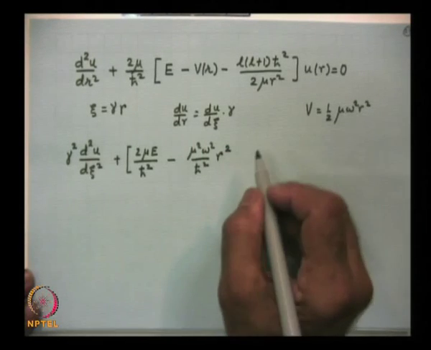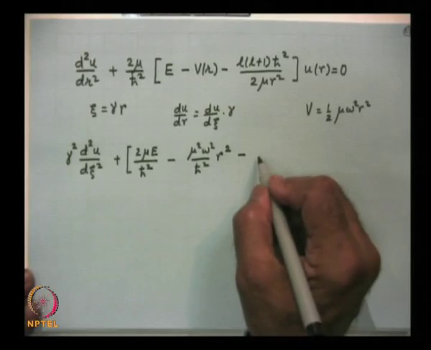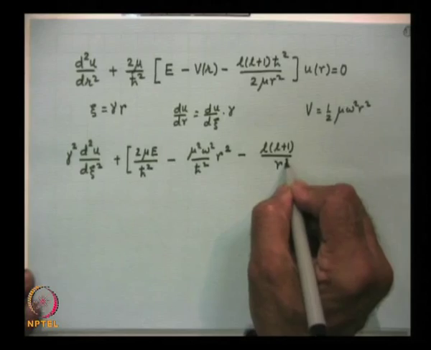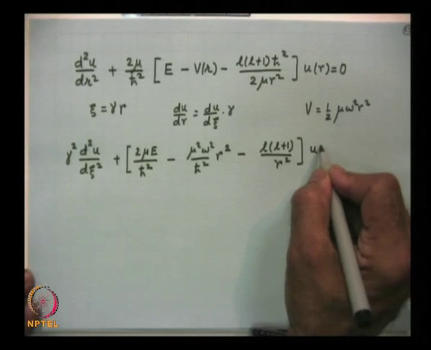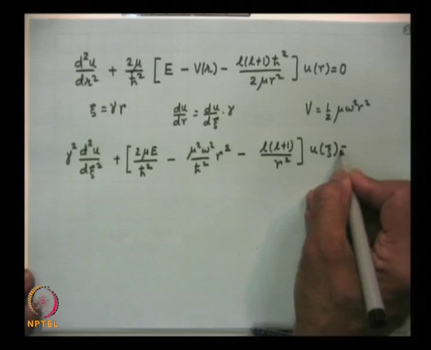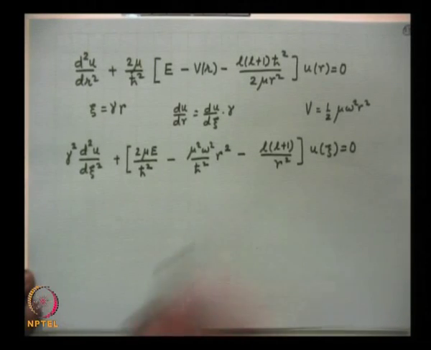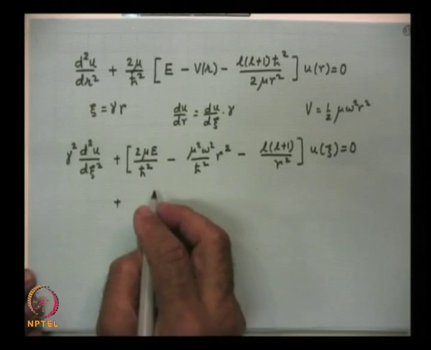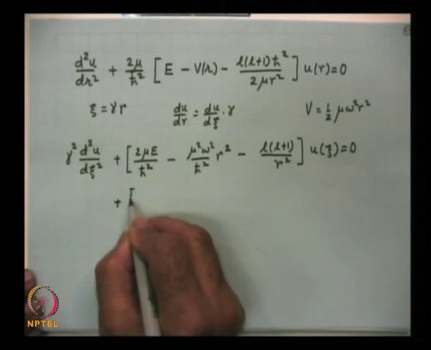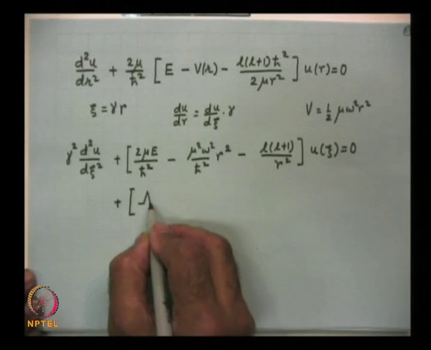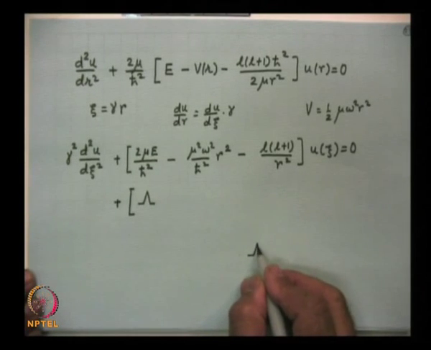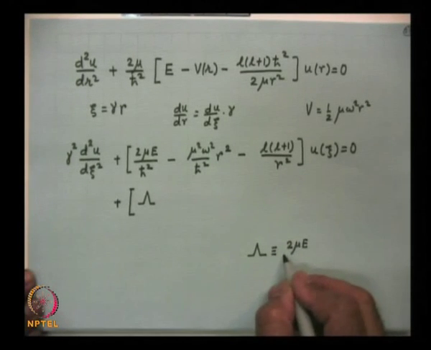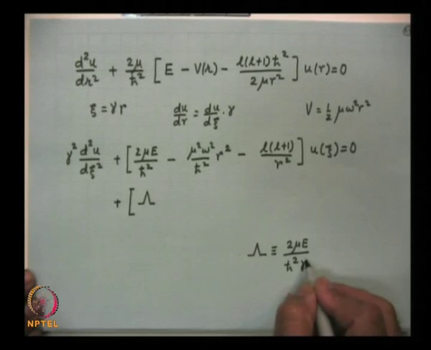If I take 2 mu by h cross square inside, you get minus L into L plus 1 by r square, u of xi equal to 0. So, I divide by gamma square. I get plus 2 mu E by h cross square gamma square, which I will write as capital lambda, where capital lambda is defined to be equal to 2 mu E by h cross square gamma square.